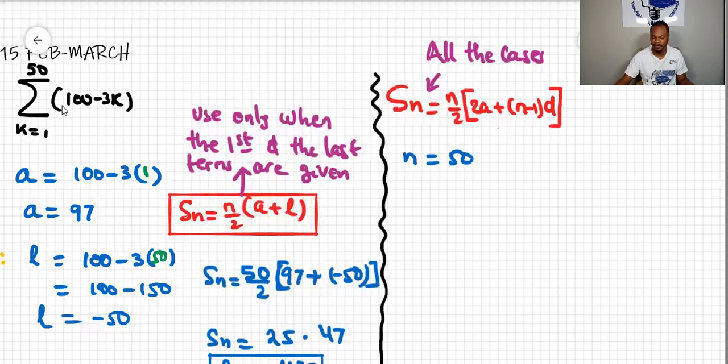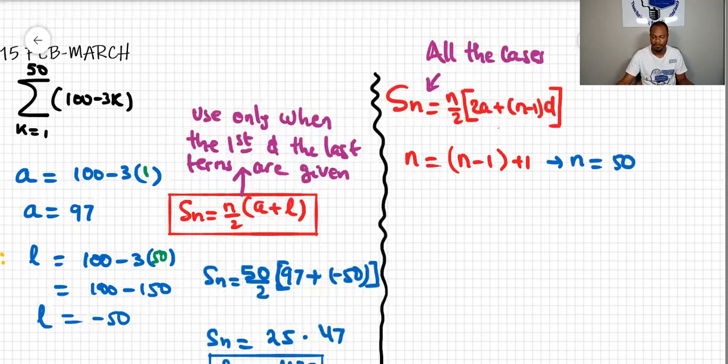Because the formula for the number of terms is last minus first plus 1, always. So n will obviously be 50, because 50 minus 1 is 49, plus 1 is 50. So there are 50 terms.